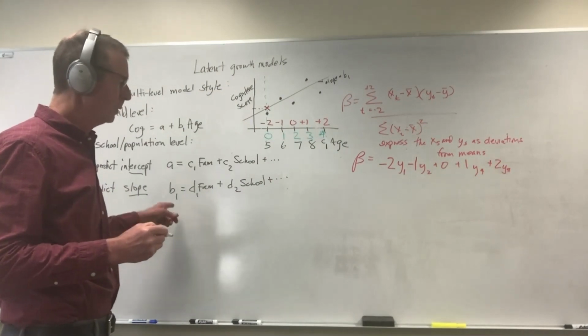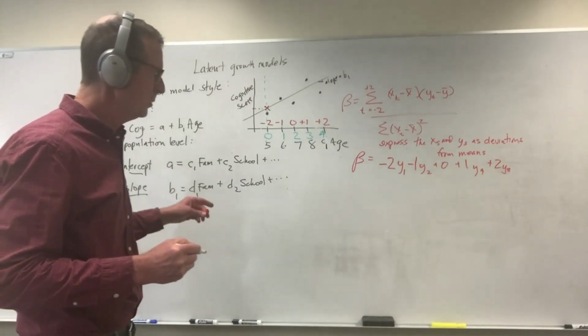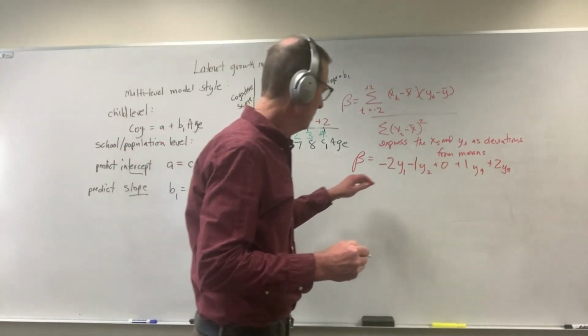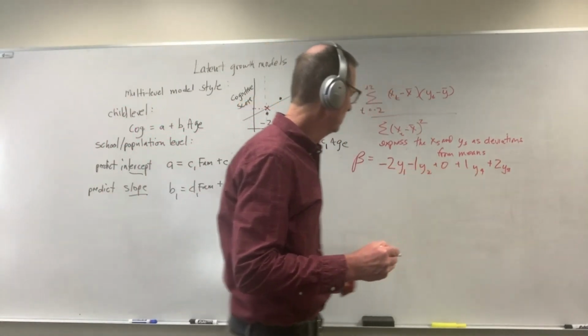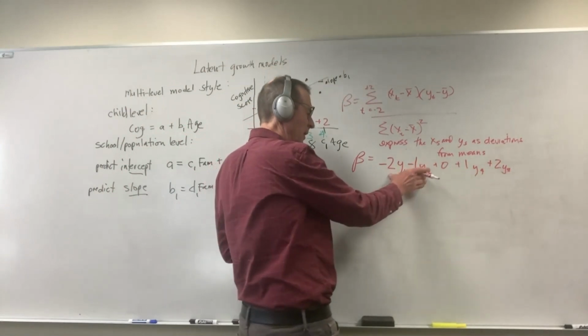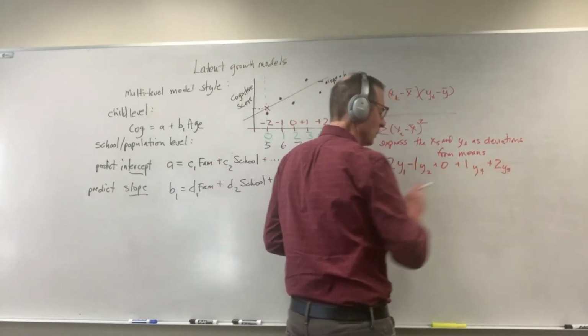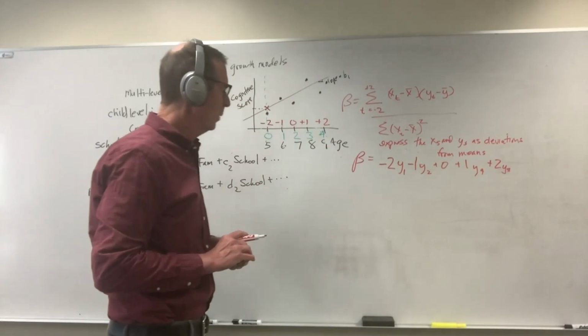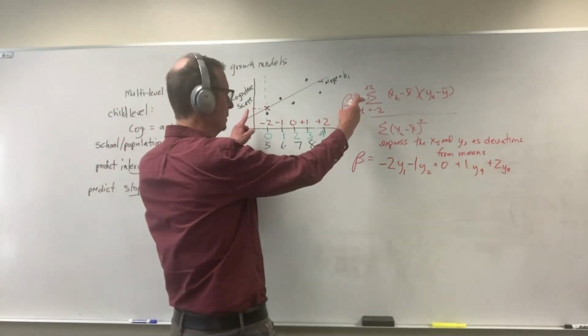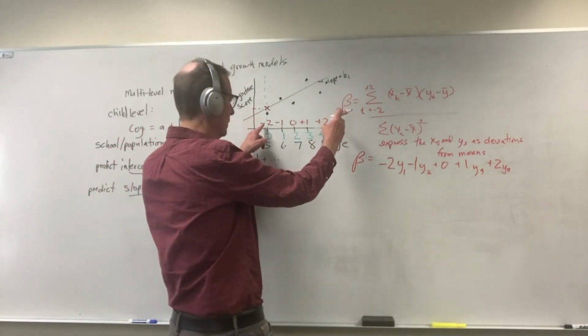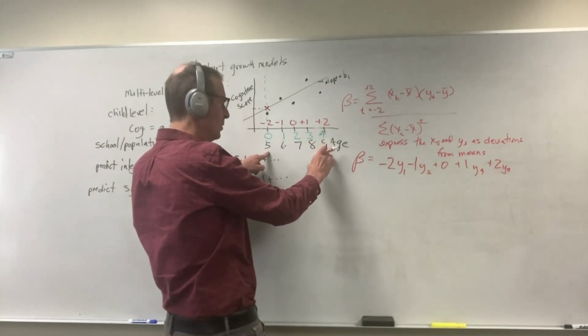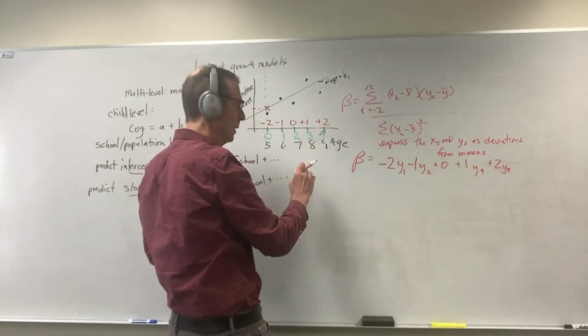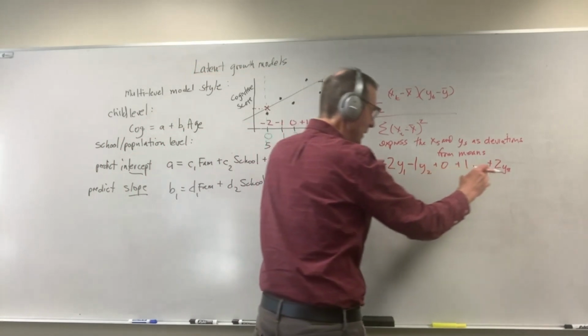So this slope is really just a measure of change, where these things are negatively weighted, these things are positively weighted, where the points at the extremes, age 5 and age 9, becoming age -2 and +2, get a double weight.